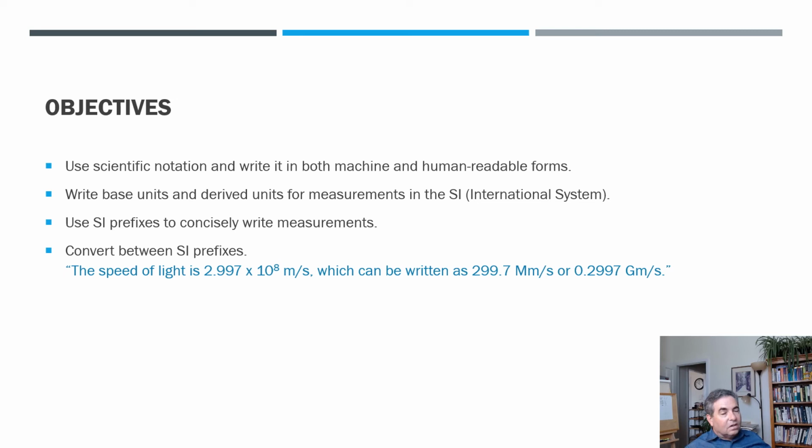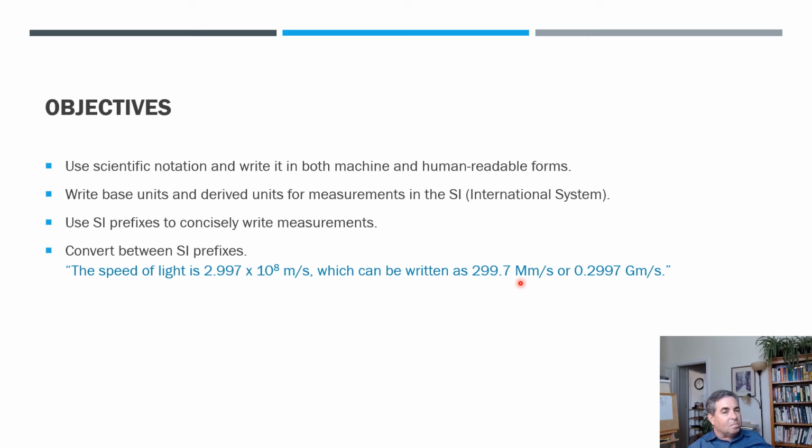Now, we're also going to look at how you can pull a prefix off and put a new one on. And this is going to be an introduction to unit conversion in general, because we're going to use a recipe for doing this that we're going to find applies to a lot of other things besides this particular job. So if I say the speed of light in scientific notation is this, I can write it in a couple of different ways using the prefixes.